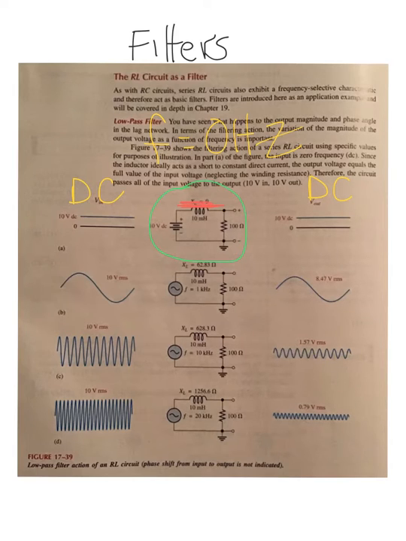So the electricity flows, and the 10-volt battery is completely across the resistor, because the inductor is nothing but a bunch of loops of wire, and DC passes, okay? X sub L is 2 pi f L. If my frequency is 0, my ohms are roughly 0, and that's why it passes.